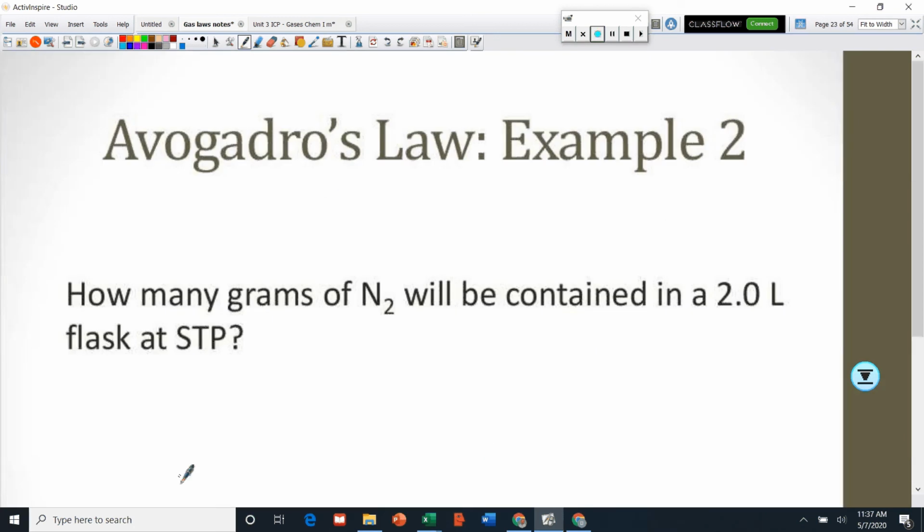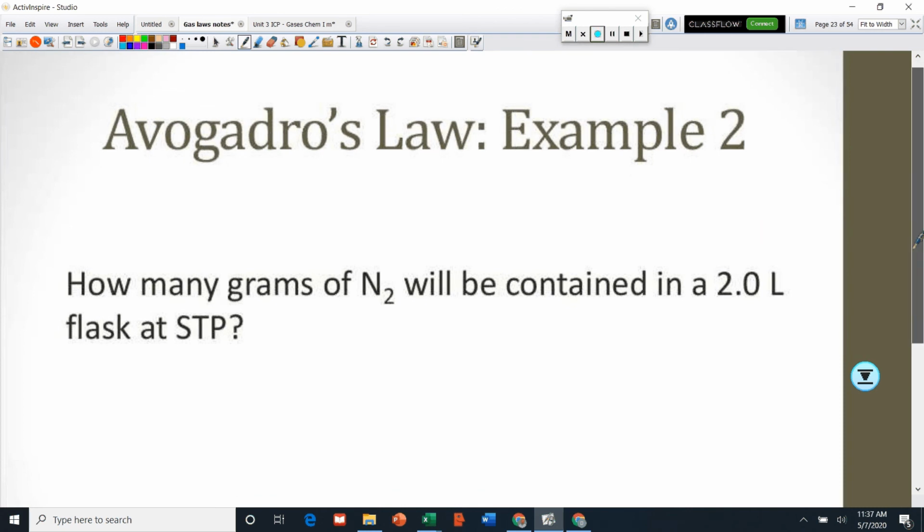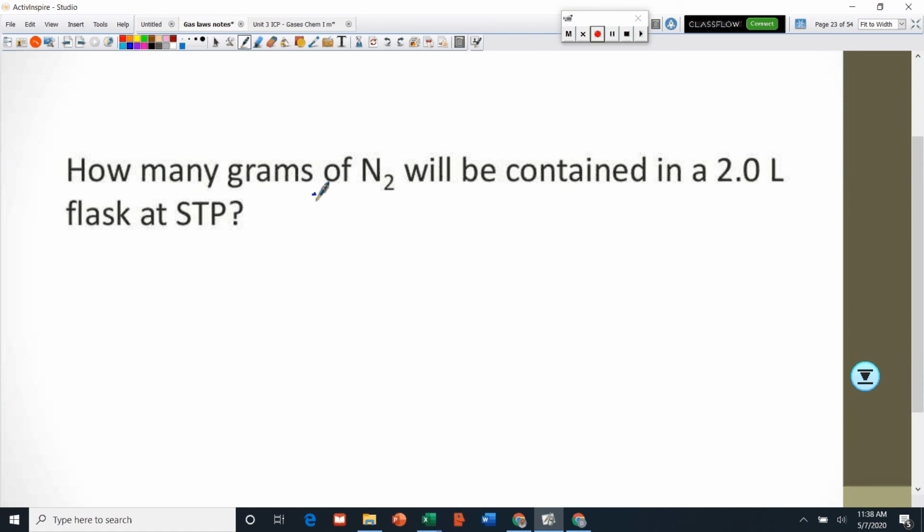So let's look at this one. This question is asking a little bit different. It says how many grams of N2 will be contained in a 2-liter flask at STP. So we're starting off with a volume. So we have 2.0 liters of nitrogen.